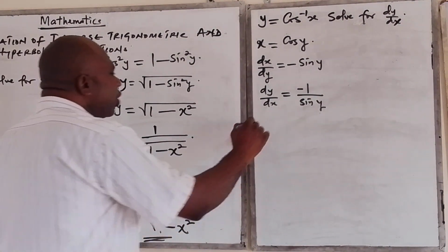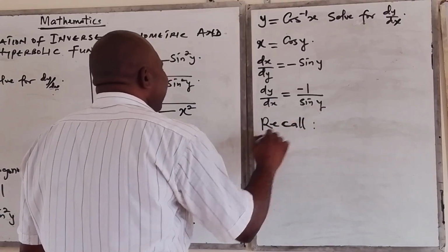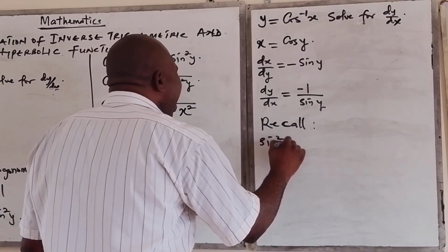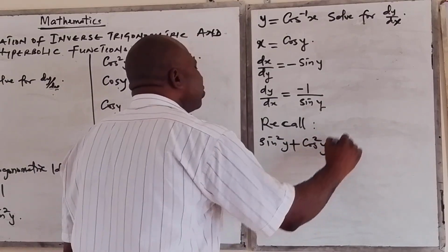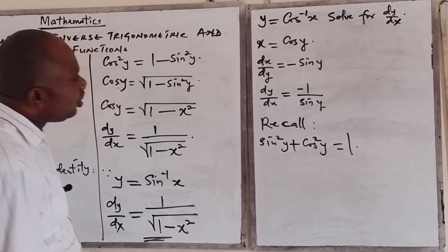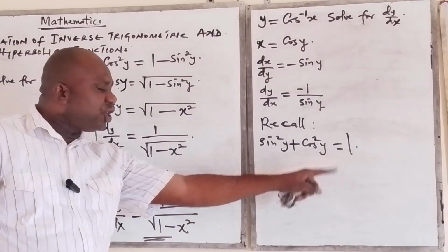So now, recall from trigonometric identity that sine squared y plus cos squared y is equal to 1.